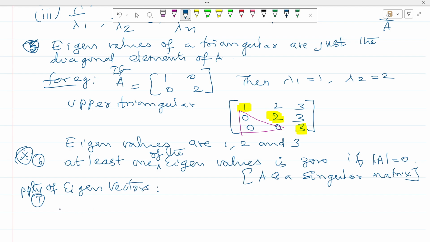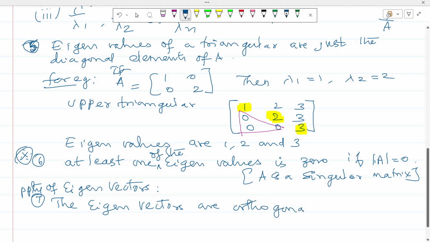One important property for the eigenvector is that the eigenvectors are orthogonal in pairs if A is a real symmetric matrix.